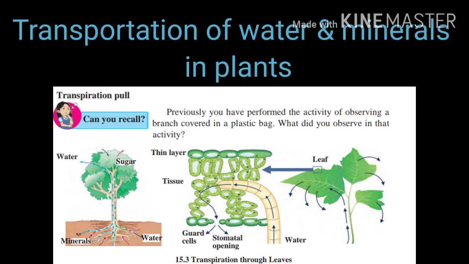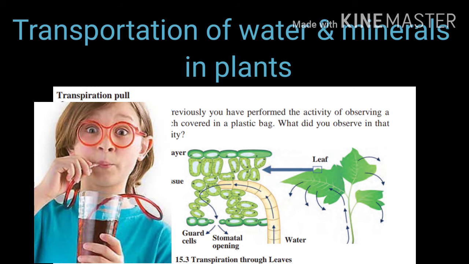This suction or the pressure that arises due to the evaporation of water, you can understand with this picture, where this girl is pulling the red water or liquid in an upward direction. So that suction that is created will let the water move in an upward direction.